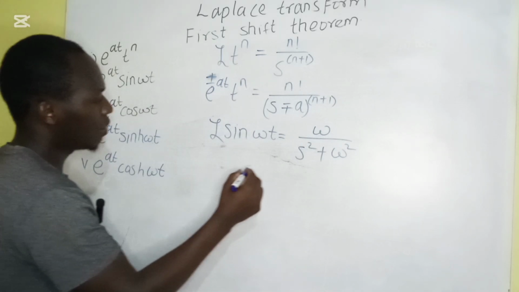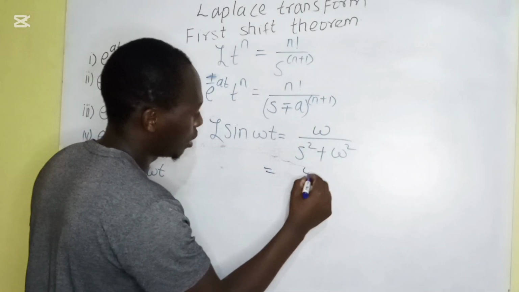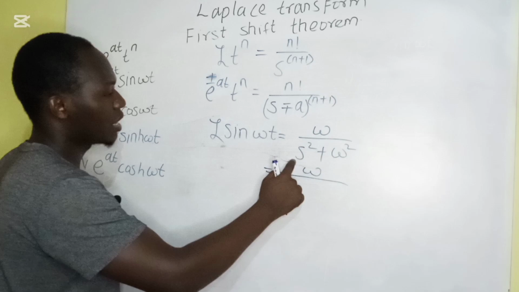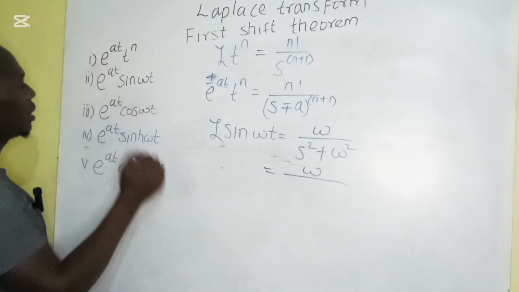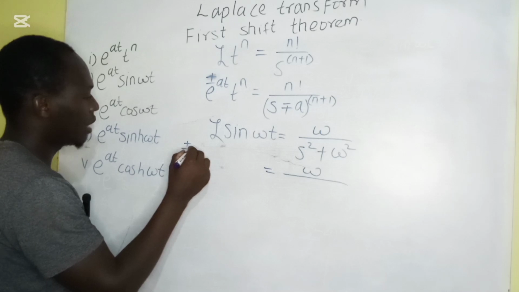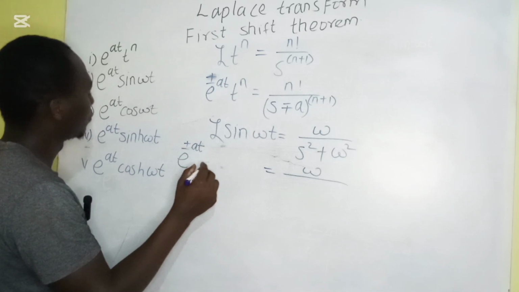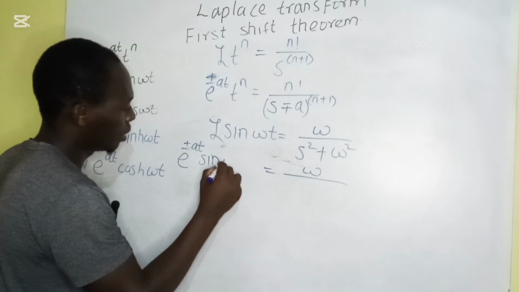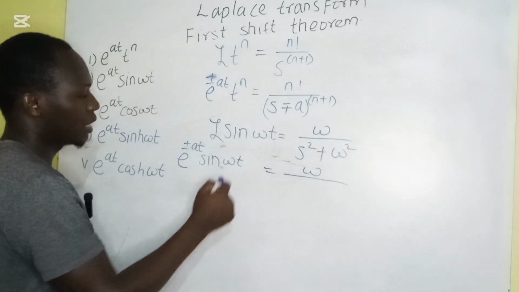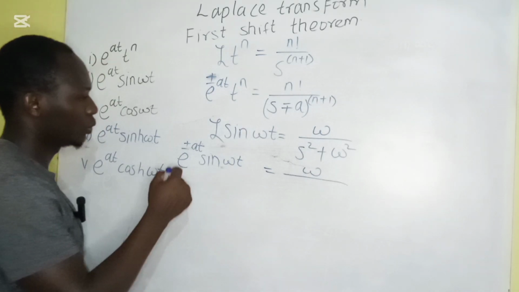Now we are going to have our angle all over, and the term of s will be shifted. Here we understand it is exponential positive or negative of at times sine of our angle t.